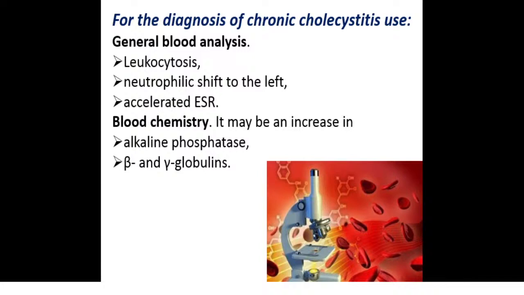If alkaline phosphatase is increased, usually this patient has inflammation in the gallbladder and bile duct, and cholangitis. And if the patient has chronic inflammation, we can see increased beta and gamma globulins in the blood.